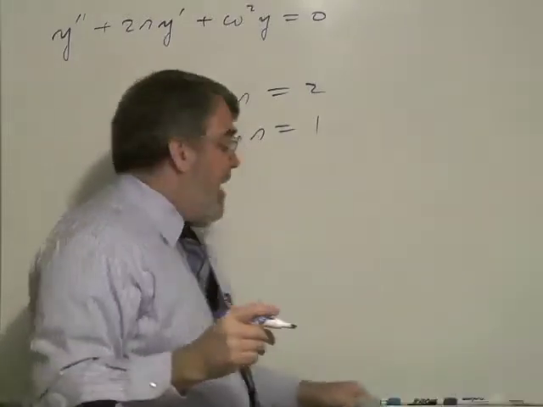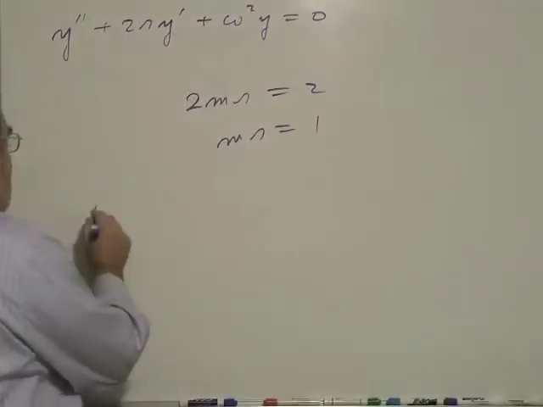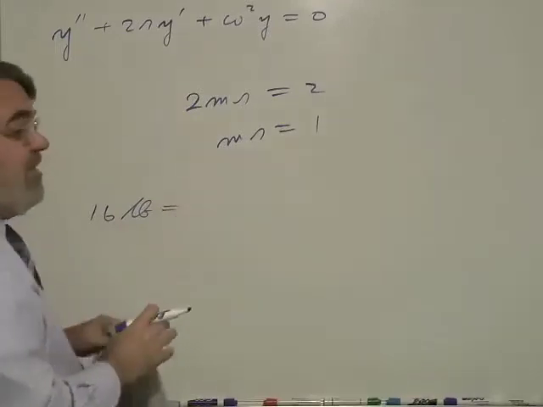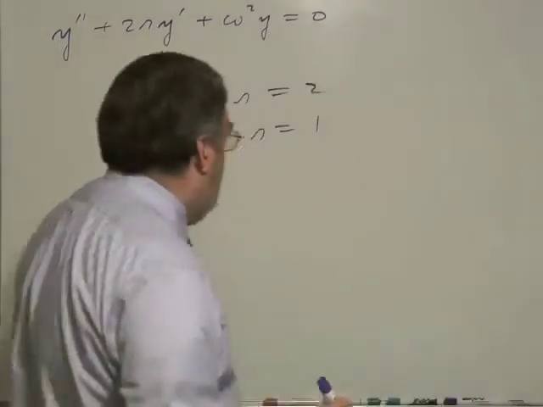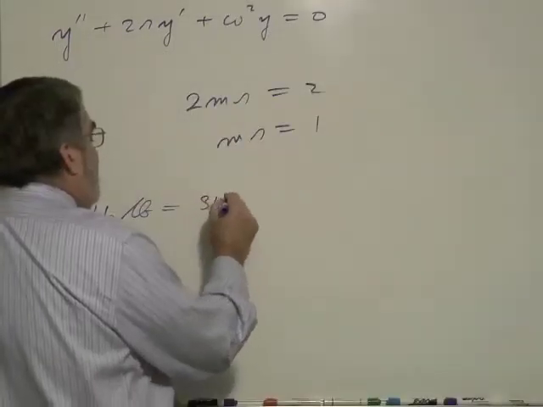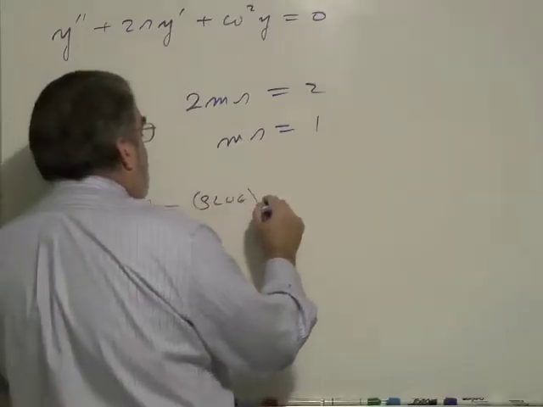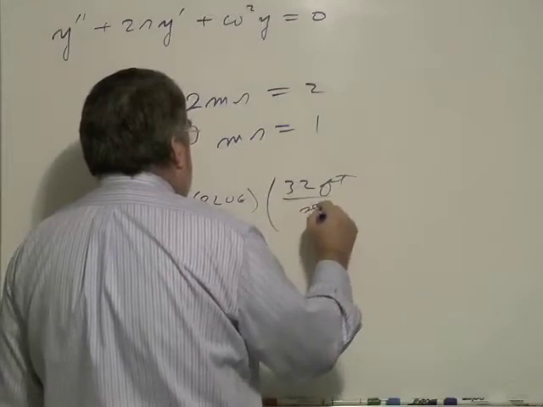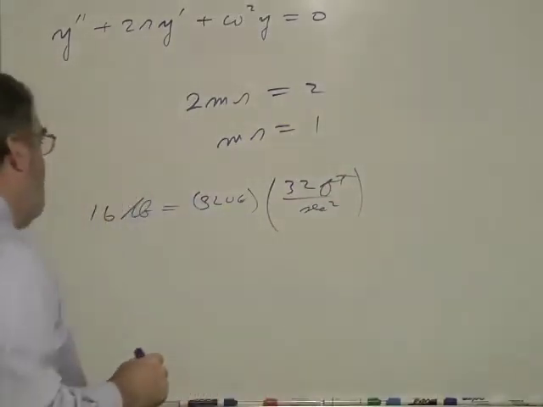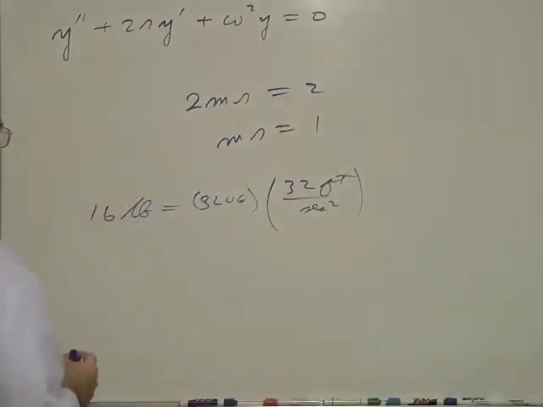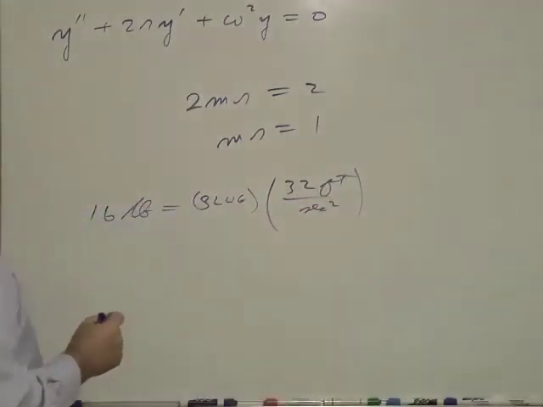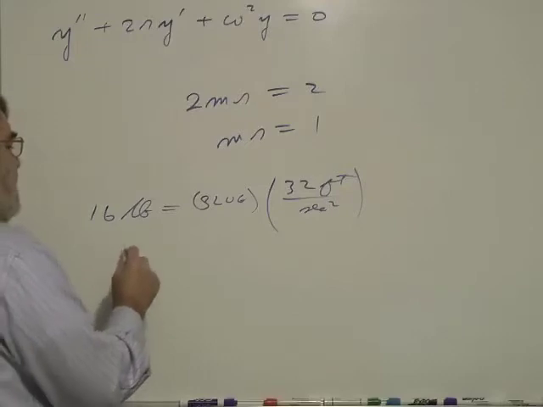But we have to figure out the mass, and a 16-pound weight is mass times acceleration. So its mass is in slugs times acceleration g, 32 feet per second squared, and that means the mass is going to be 1/2 slug.